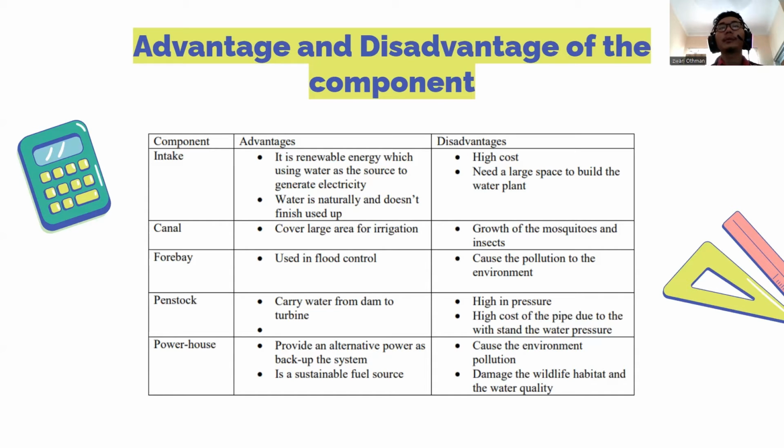So you can see the effect on the habitat in the water, such as the fish, which can slowly die due to the water pollution. That's all for me. Thank you.